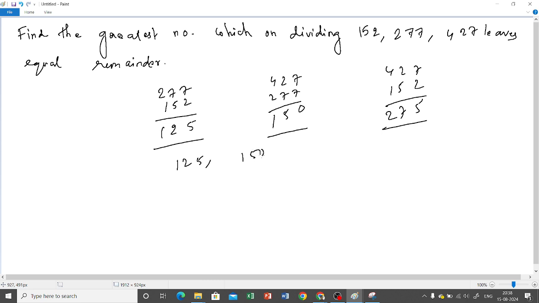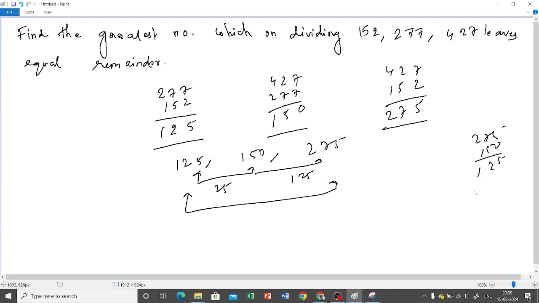125, 150, 275. Now let me try to apply the shortcut once again over here. Subtract these two, you get 25. Subtract these two, you get 125. Then subtract these two, you get 150. Now if you take 150, of course 150 will not divide 125, so this is not the HCF.